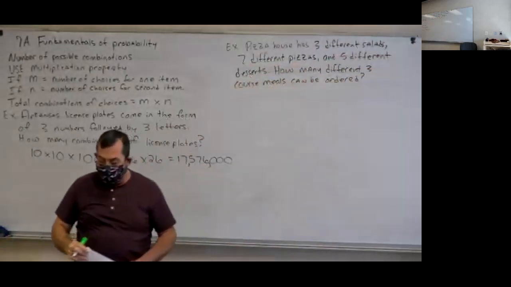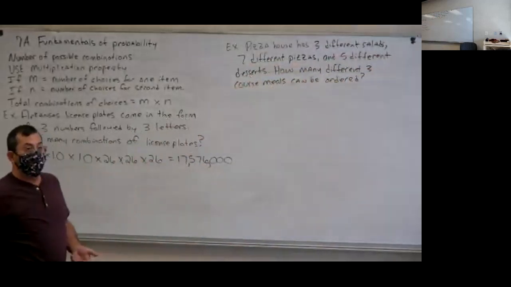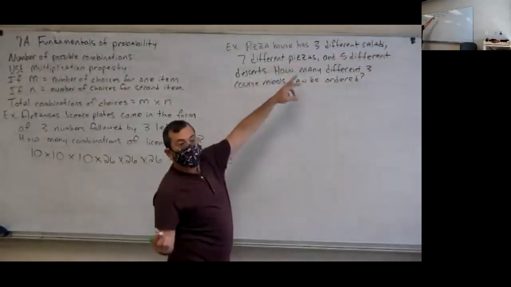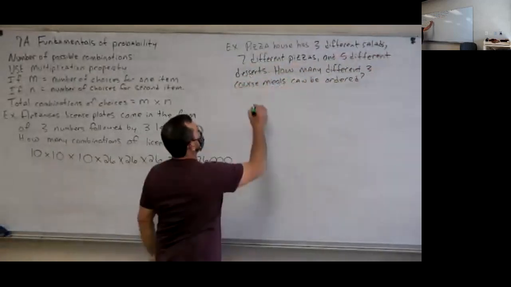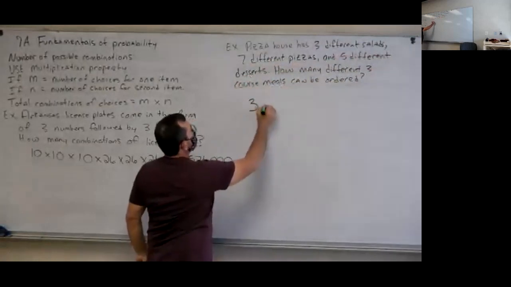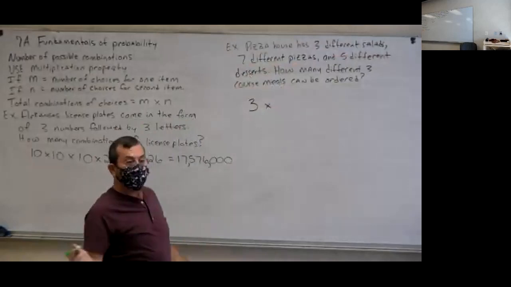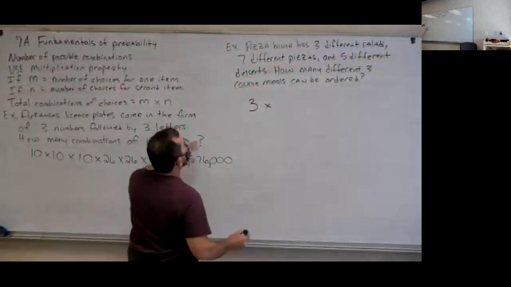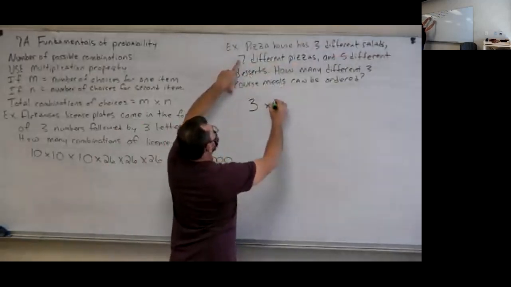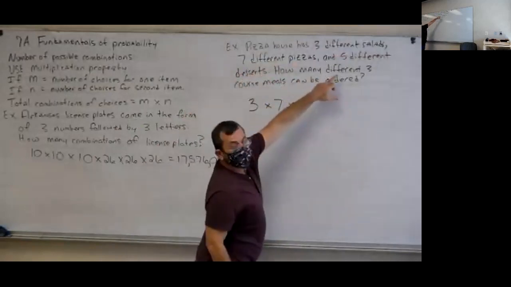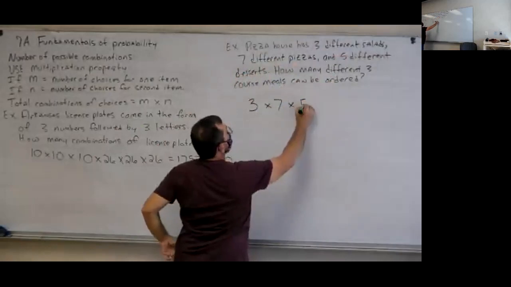All right, so what we've got to do is figure out how many of each combination we have. Let's start with my salads. I had 3 different salads. I'm going to take that 3 and multiply by how many pizzas I had, which was 7 different pizzas. And then my desserts, I had 5 different options.